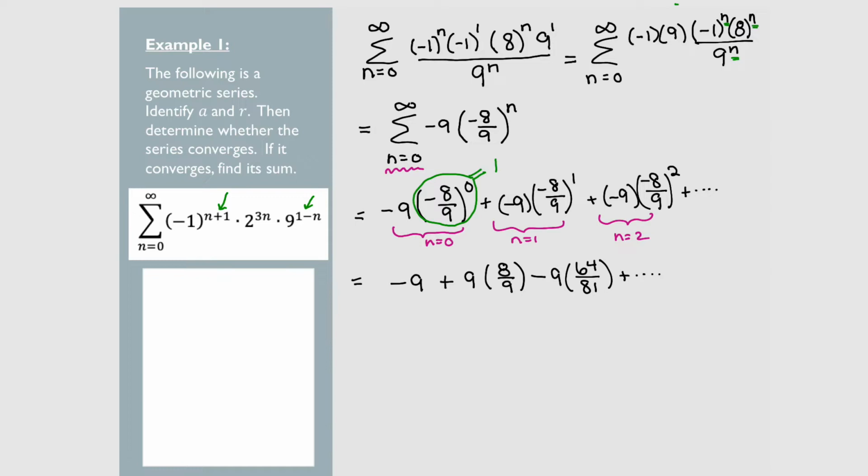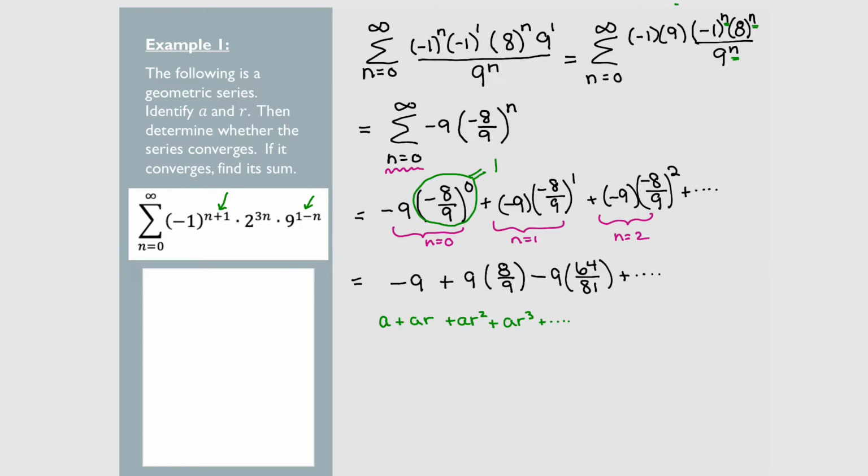Now the question is, what is my A value? Well, we learned in class that A is actually your starting value when you list out your geometric series, right? A plus A times R plus A times R to the second plus A times R to the third, etc. The geometric series is created by taking this ratio that we're multiplying by on each term, this common ratio.